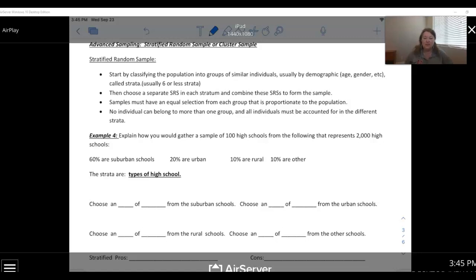Okay, so we're going to choose a separate SRS from each stratum and combine these SRS to form our sample. So then what it looks like is I want to make sure that I sample from each one of those football teams, and I'm going to sample an equal number from each one of those football teams to get a good representative sample of all the football players from all the football teams.